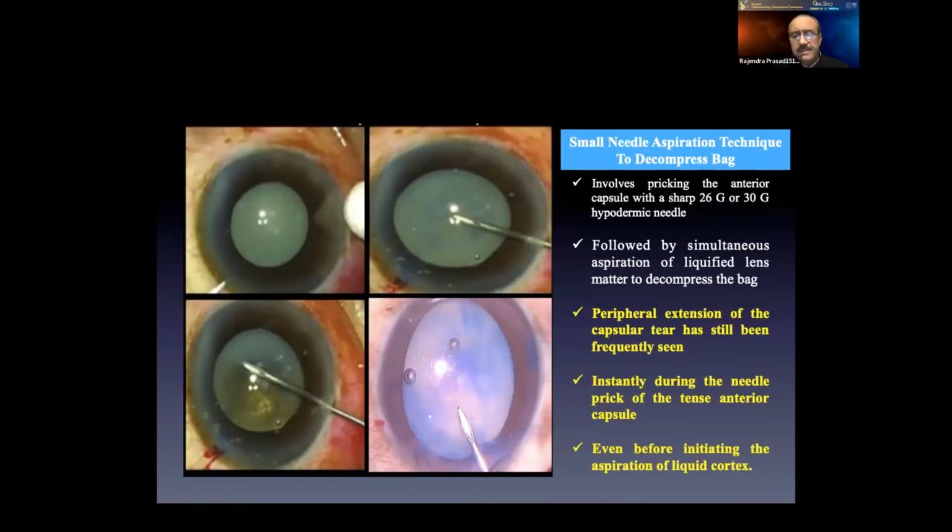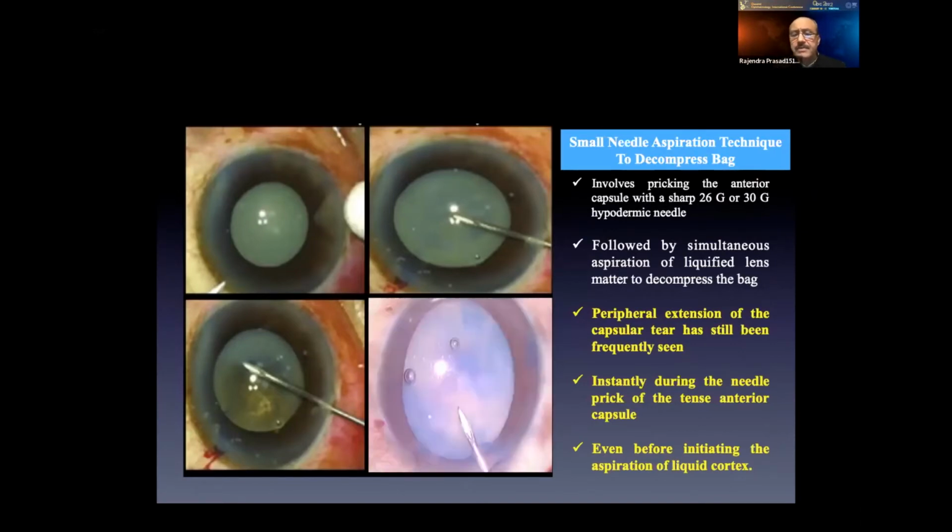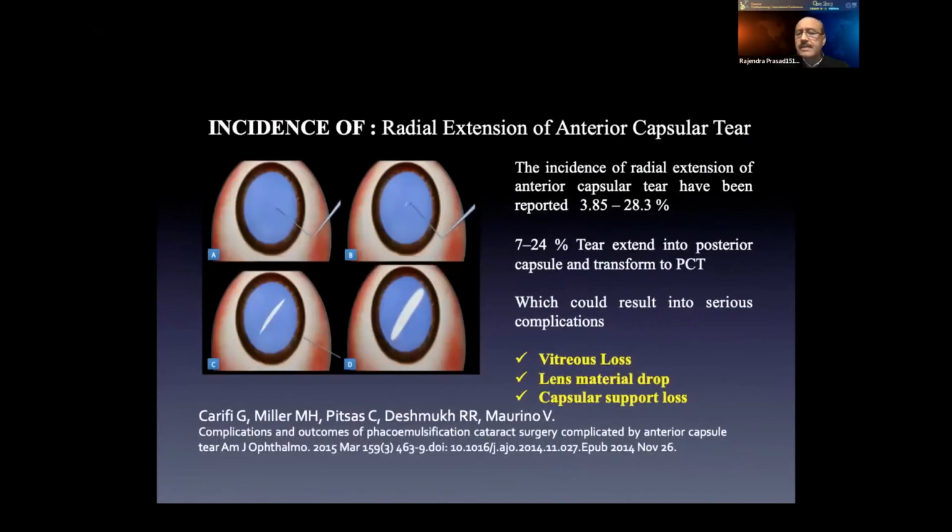But what happens actually is that whichever technique we use, even before we could initiate the aspiration of the liquid, or even before we could initiate the raxis, the tear which is created on the anterior capsule starts extending to the periphery and converts into the radial capsular tear. The incidence reported is around 28.3%.